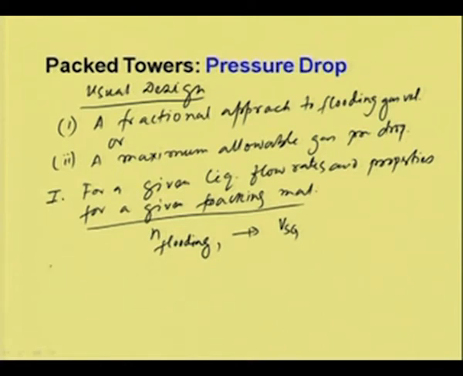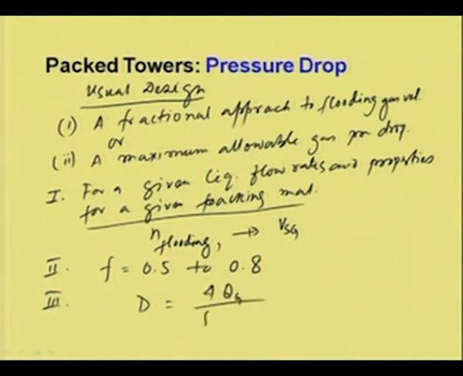Then we can assume the flooding factor between around 0.5 to 0.8, and then we can calculate the diameter of the tower from this equation: D is equal to 4 QG by F Vsg F pi, to the power 0.5.